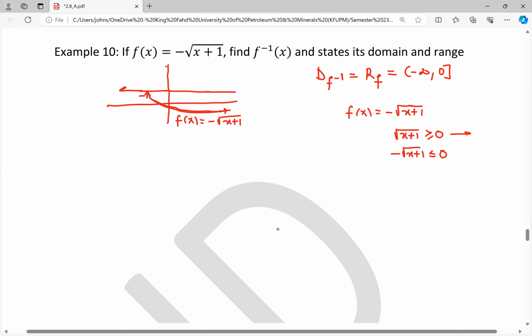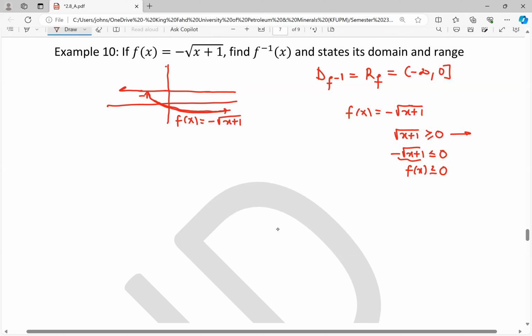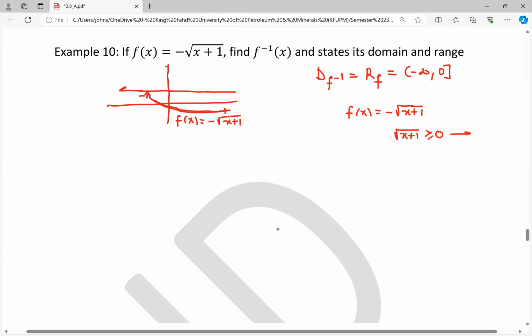Okay, so what does this mean? This is our f of x. So our f of x is less than or equal to 0. So it means it's from minus infinity to what? 0 closed. So this is another way to find the range without graphing.